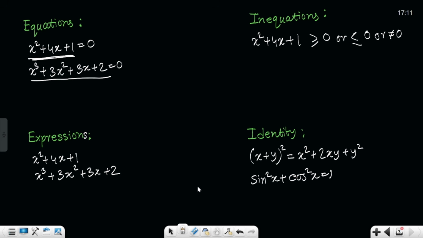Okay, so now let's start our main topic, quadratic equations. Now, if I ask you what is a quadratic equation, what will you say in simple language? You will say maybe that it is an equation whose highest power is 2.